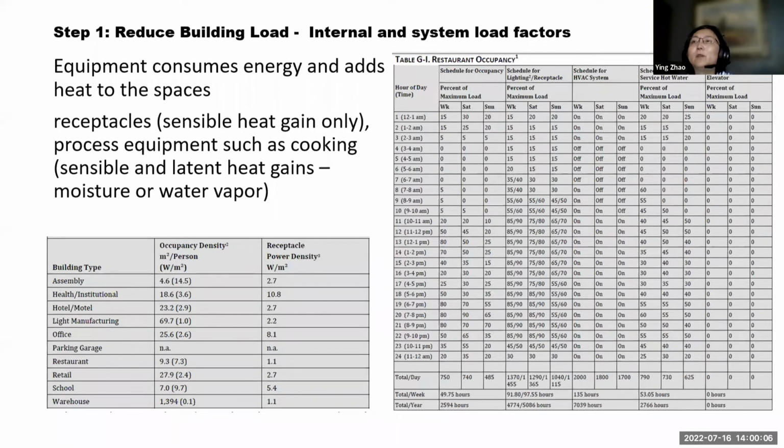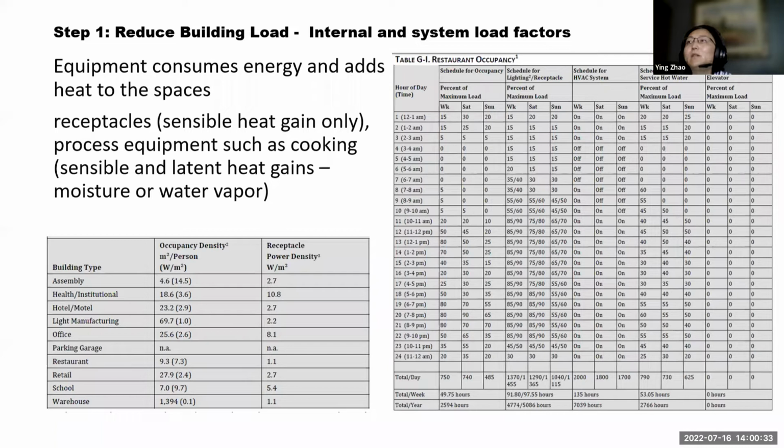For example, a restaurant has cooking equipment. For receptacles, they add a sensible heat gain, but for things like cooking equipment, they also add latent heat gains like moisture or water vapor. They all need to be considered in the building design because they add loads to the space.